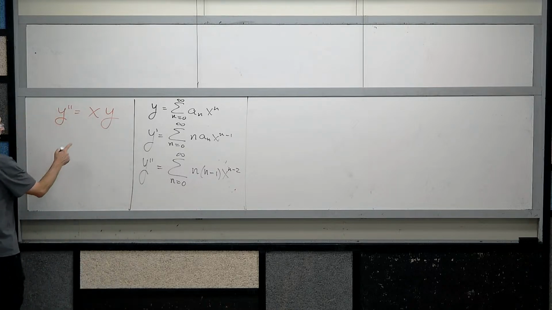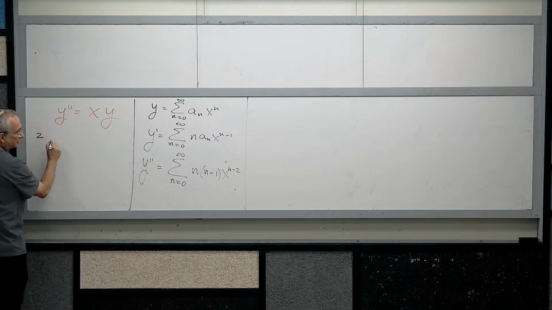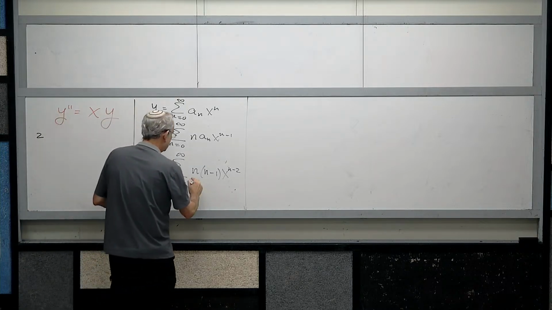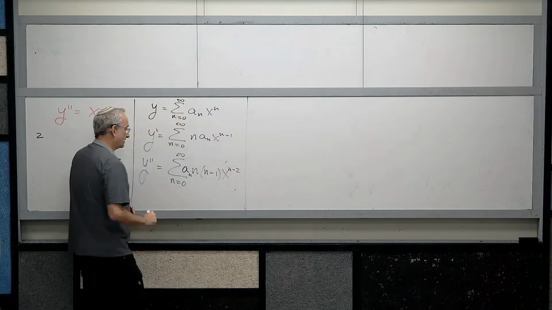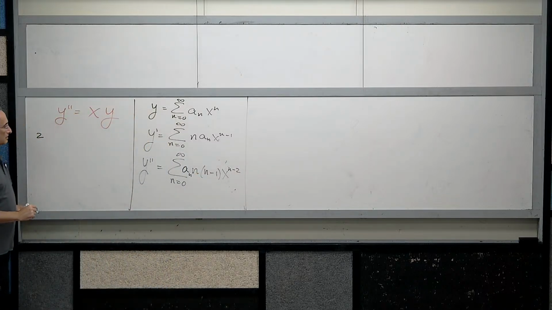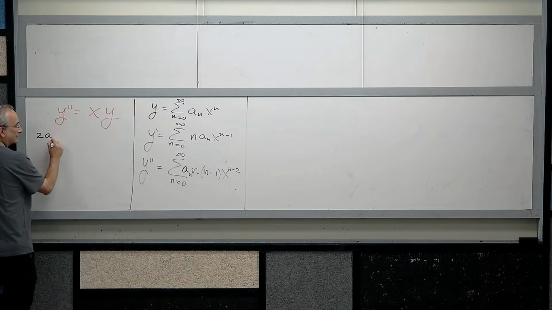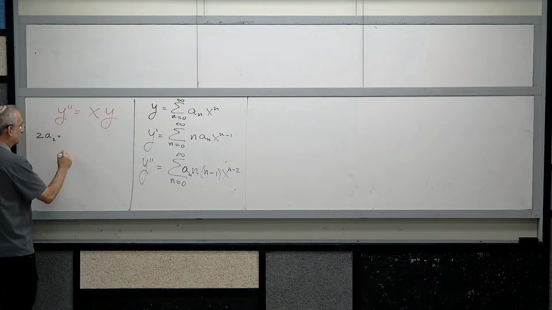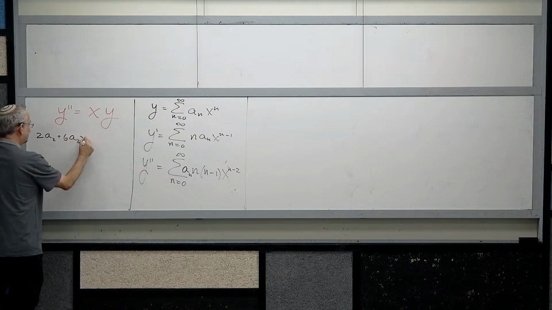So the y double prime will give me what? 2 times x to the power of 0. So it's 2, oh, I've forgotten, this is a_n, right? I forgot. So 2a2 plus, what's the next term? 3 times 2 is 6. So 6a3 times x.